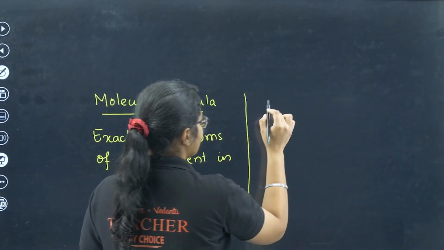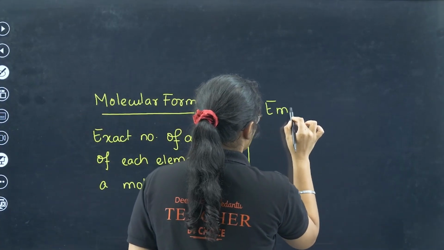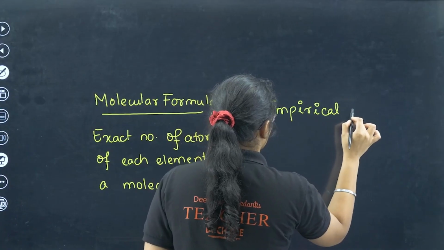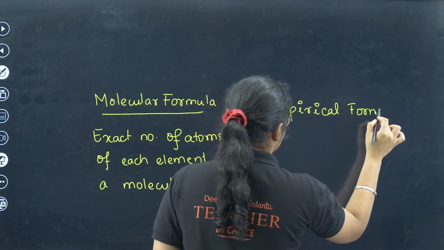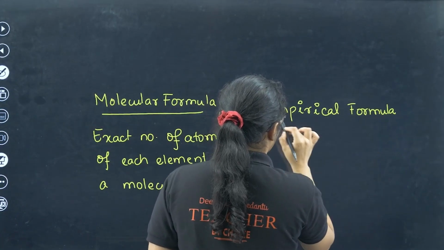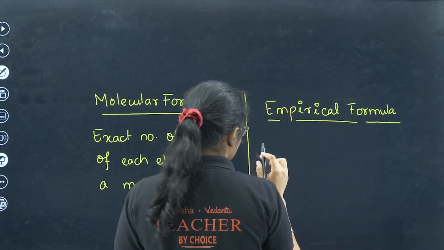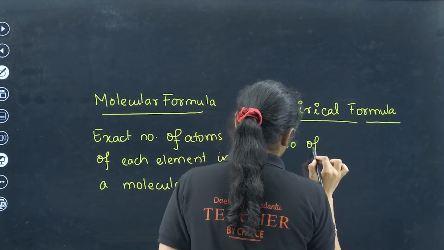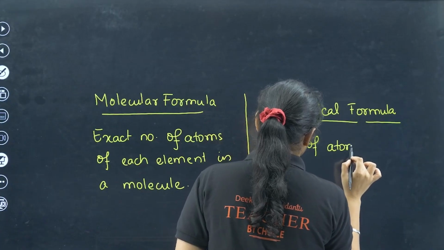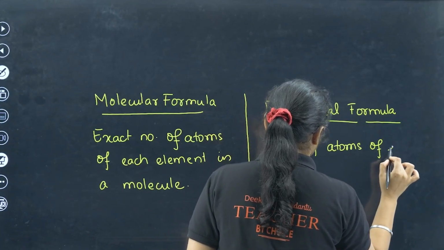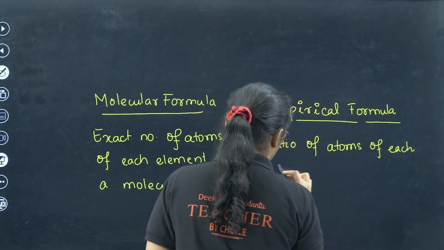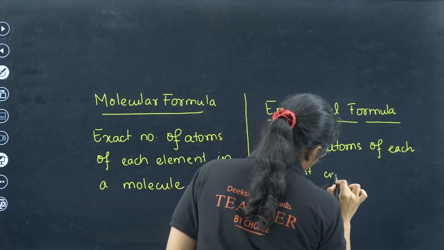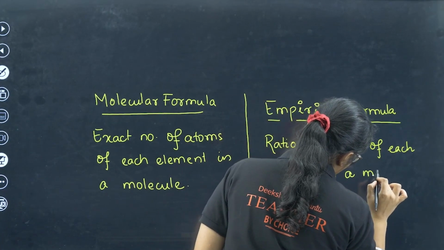And next we have empirical formula. Empirical formula is the ratio of atoms of each element in a molecule.